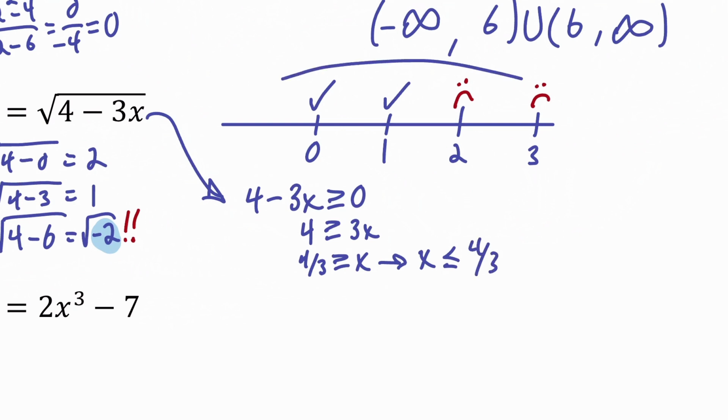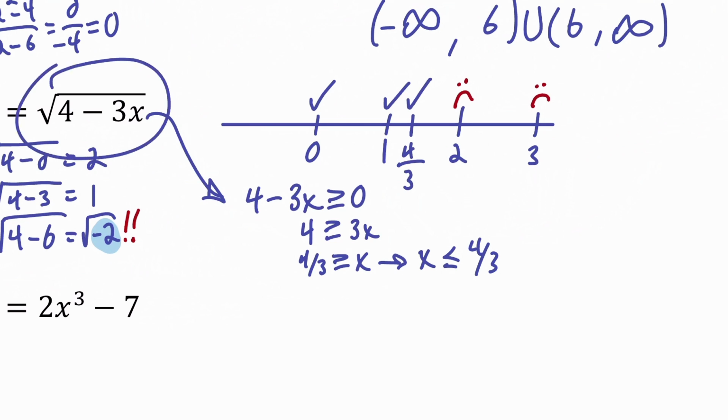So that means up here on the number line, 4/3 or 1 1/3 right here is the last number that works. If you plug in 4/3, you get the square root of 0, which is 0. So including 4/3, that's part of our solution, and everything to the left of that is also part of our solution.